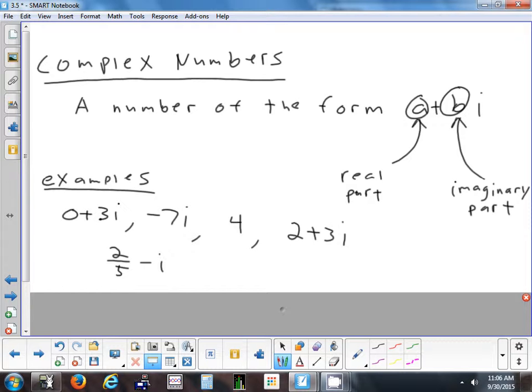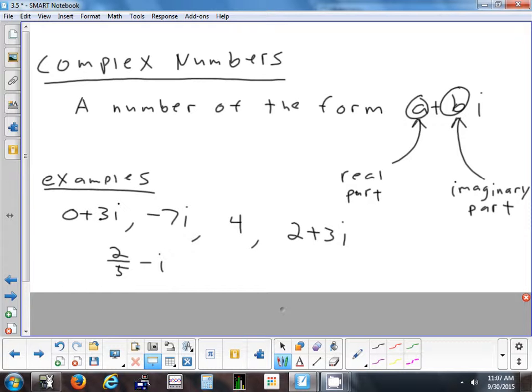It's just 0. How about negative 7i? What's the real part there? Yep, so it would be 0. These first two are examples of pure imaginary numbers. They don't have real parts, called pure imaginary numbers.